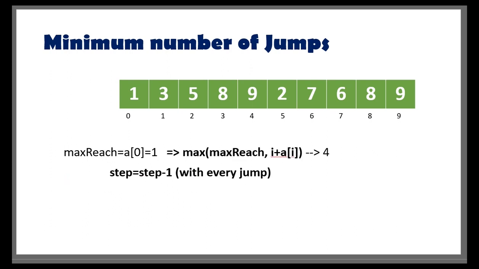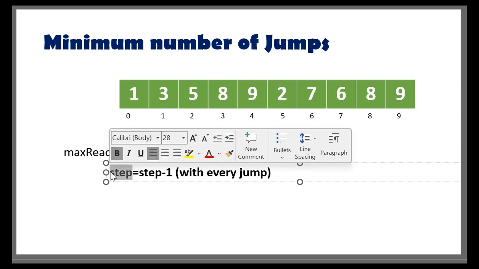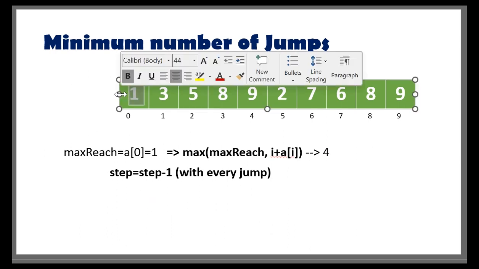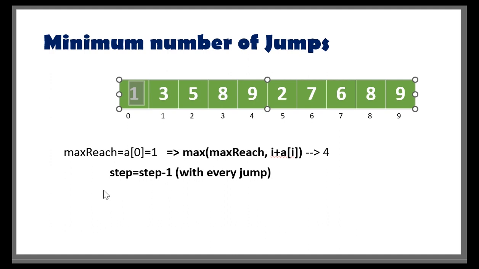Then we need to check one more thing. Our second variable is step, and step will decrease by 1 with every jump. Initially when we are here, the value of step is 1, and then moving forward it will decrease by 1.